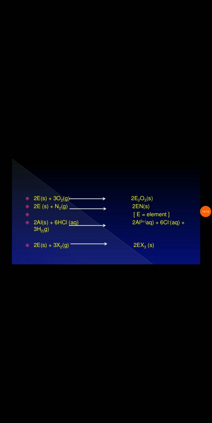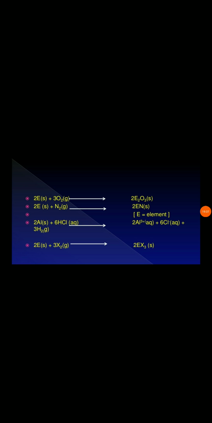Second, the group 13 elements react with nitrogen to form nitrides: boron nitride, aluminium nitride, gallium nitride, indium nitride, thallium nitride.